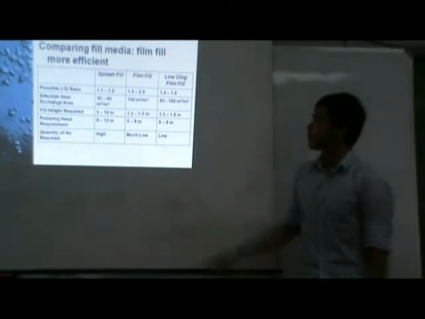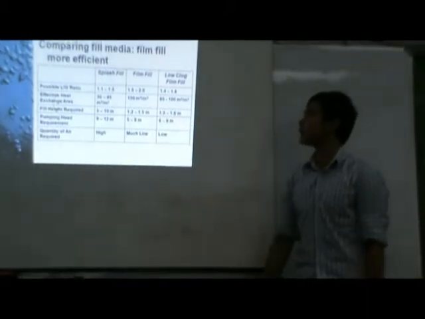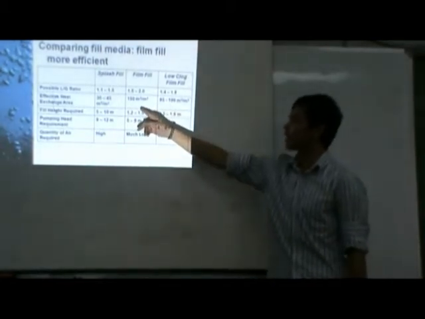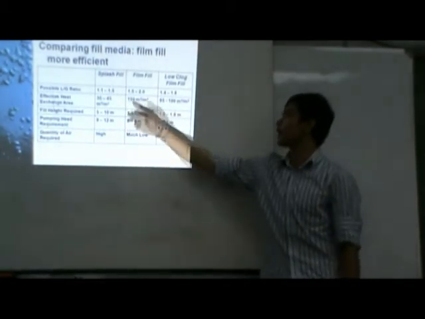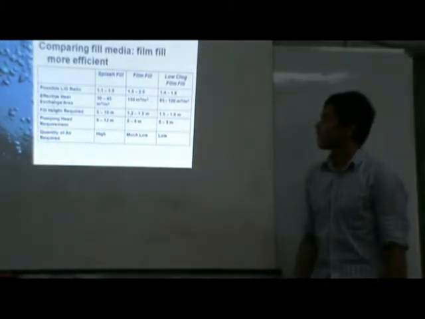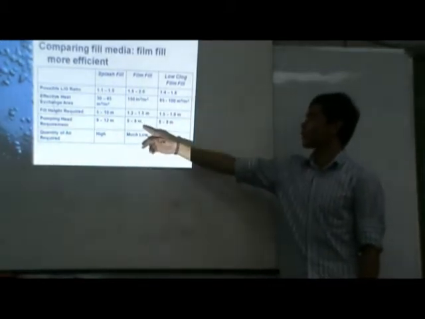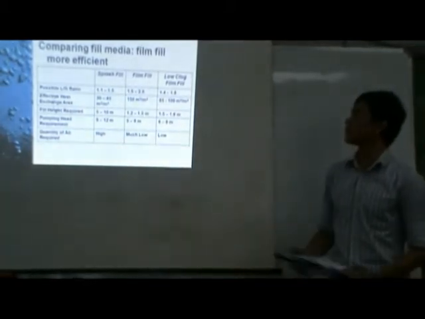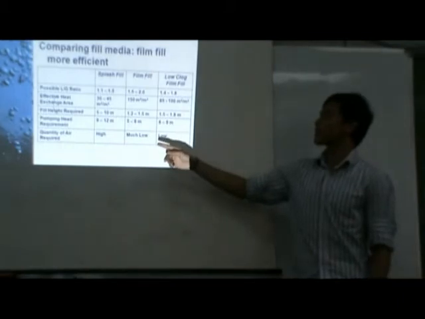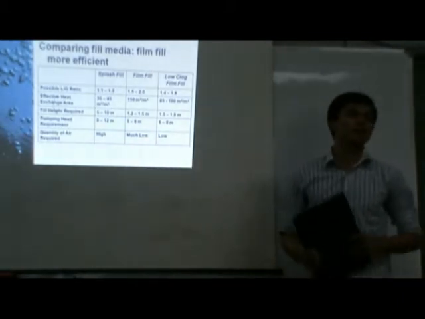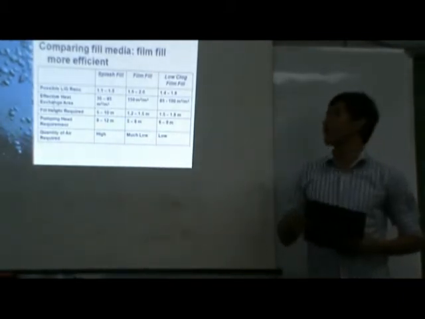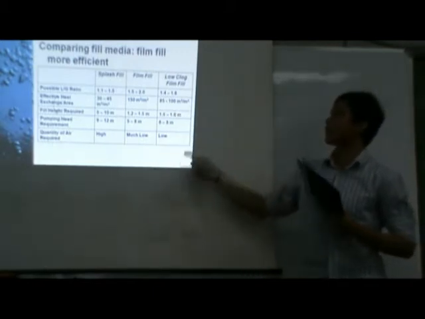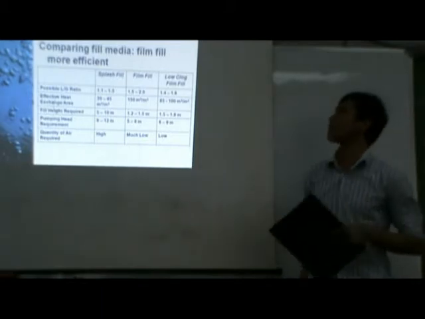So, kung papansinin natin na film fill has higher effective heat exchange area para sa dalawa, and pumping head requirement and quantity of air required is lower. So this means that mas advisable yung gamitin yung film fill. So film fill will cost savings and more efficient.